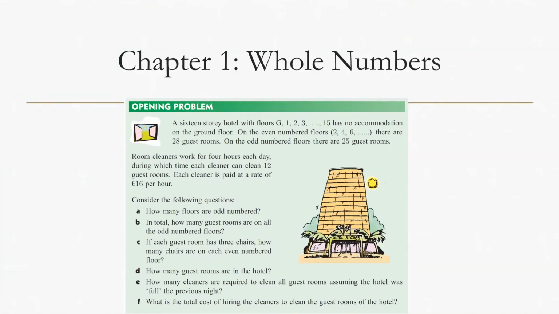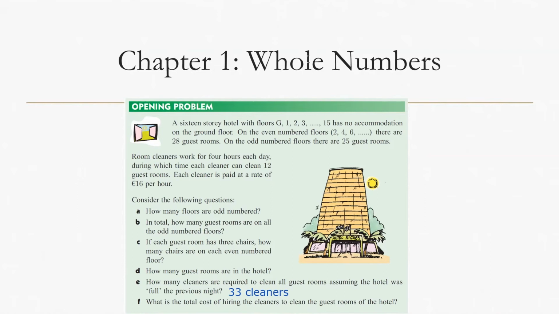What is the total cost of hiring the cleaners to clean the guest rooms of the hotel? Teacher probably has some internet issue. Just one sec. Okay, sorry about that. So, last question. Keep in mind that for the previous question, we got 33 cleaners. All right, so who wants to answer this last question from this problem?